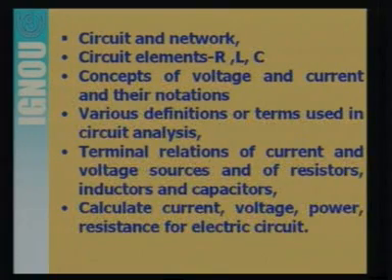So we will see what is the voltage and current relationship for this resistor, inductor and capacitor. These are very elementary topics of the circuit theory, but one should know the concepts. How can we derive these relationships?